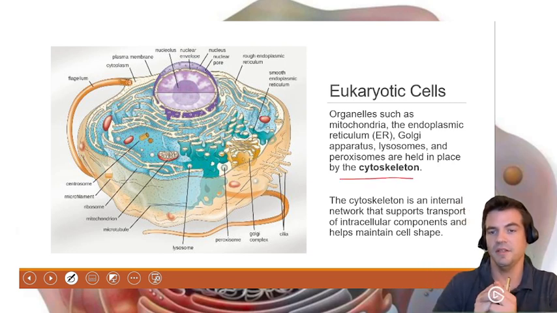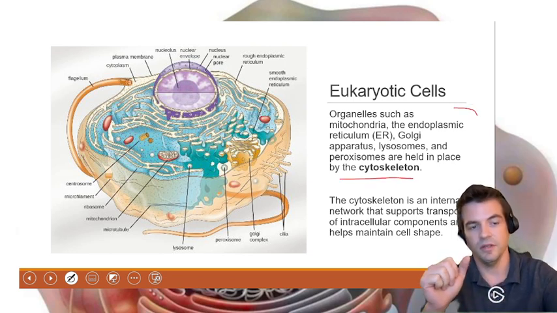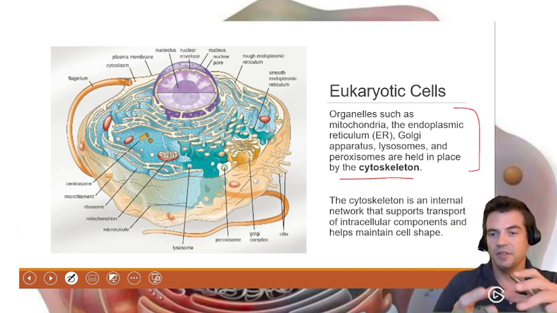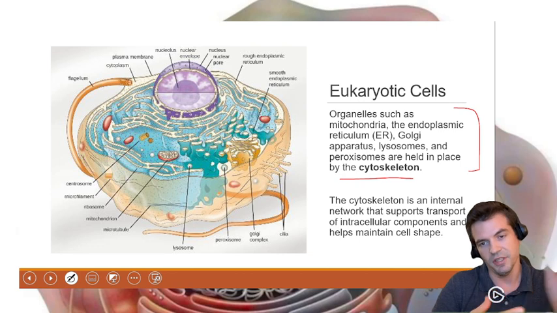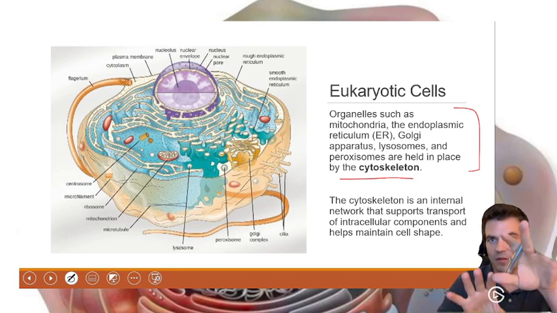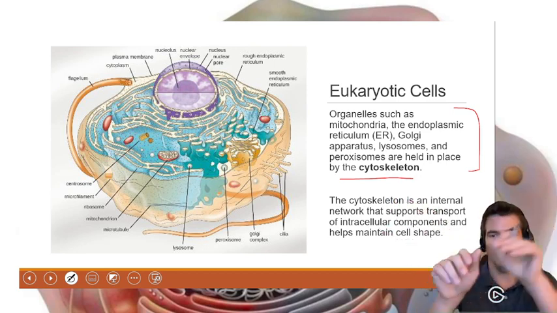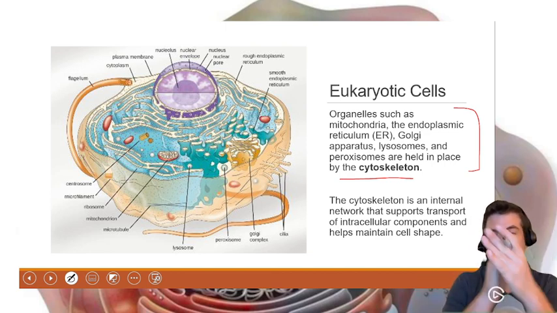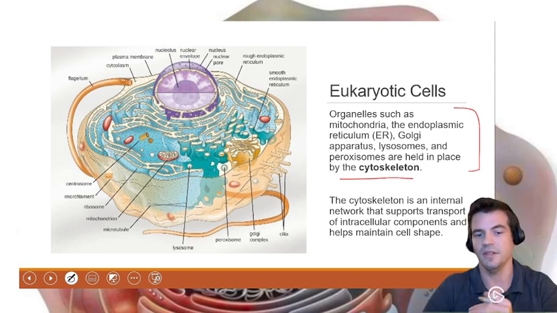That cytoskeleton supports all of our organelles, and it keeps us fluid and not just sinking with gravity. So it's an important thing in all eukaryotes. In fact, the little pseudopods, pseudopoda rather, that come out of an amoeba are actually disassembling and assembling the cytoskeleton as it goes. It's pretty fun.